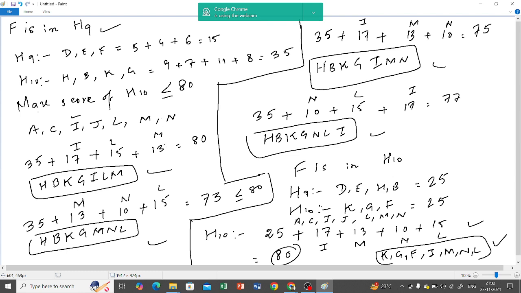So let us see L. Is it true? L is there, L is over here, but L is not over here. So that is not true. M. M is over here, M is over here, M is over here, but M is not here. N. N is not in the first option only. N is not present in this first team. HBKG ILM. N is not present over here.